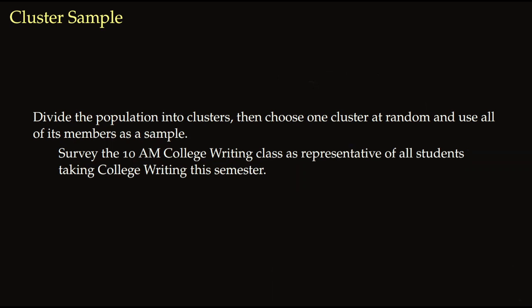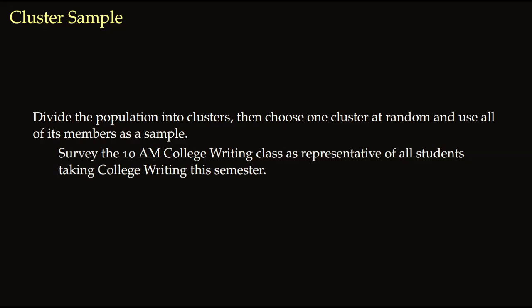Right. Cluster sampling is a sampling of convenience. We say here divide the population into clusters, but generally the population comes pre-divided into clusters. For example, if I want to survey students who are taking college writing, a very convenient way for me to get a sample of students is to choose one class section.